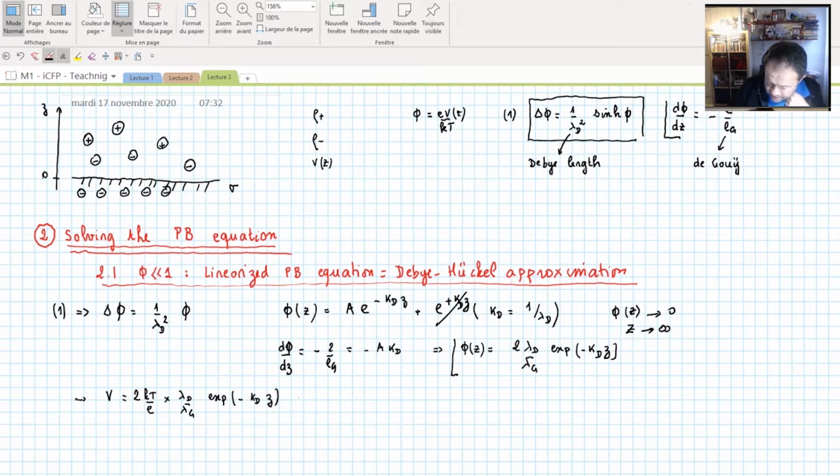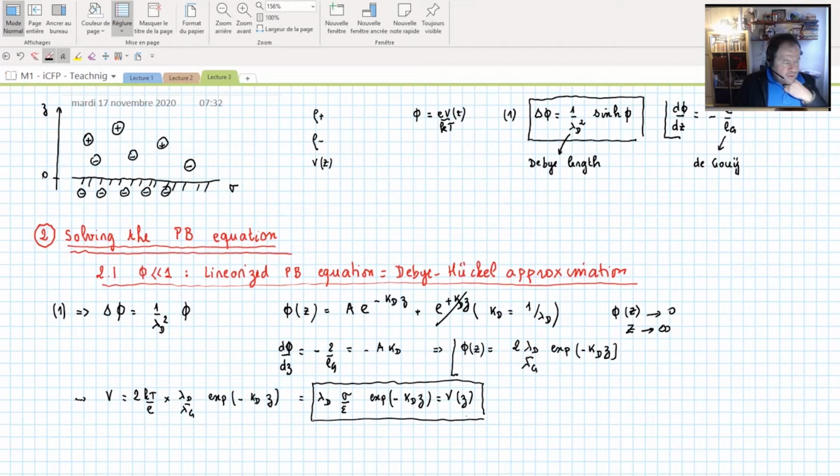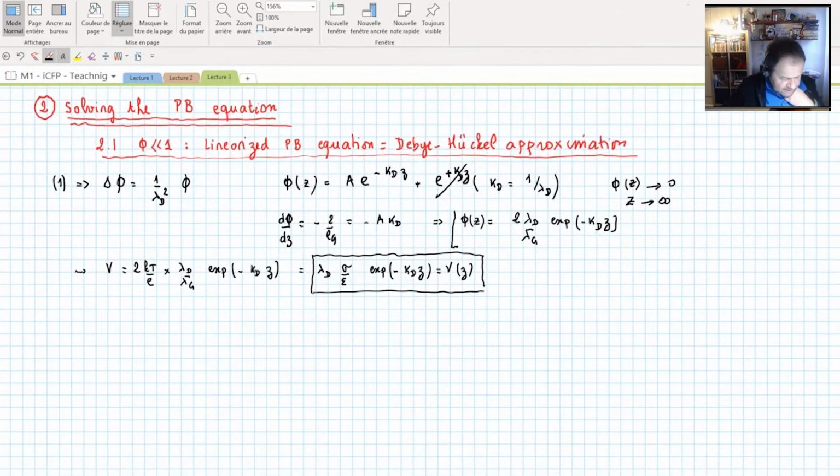I have written that in another form by changing what we know about lambda_D and l_G: it will be lambda_D times sigma over epsilon times the exponential of minus kappa_D z. So I think we are able to solve these.